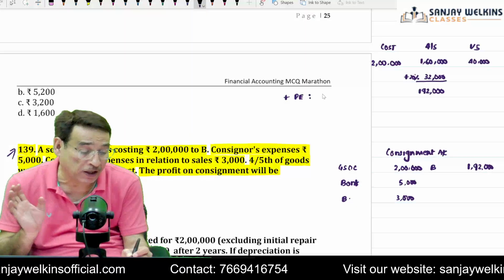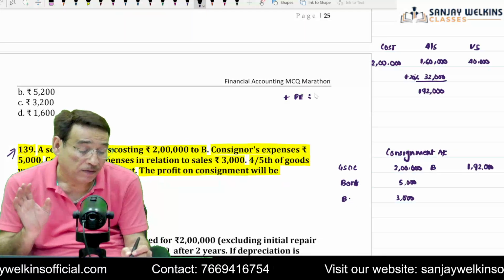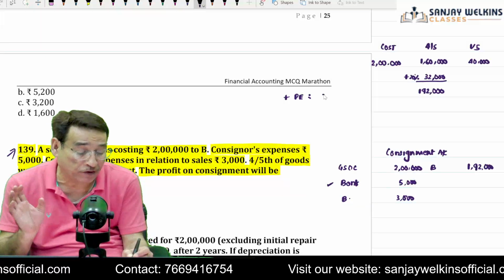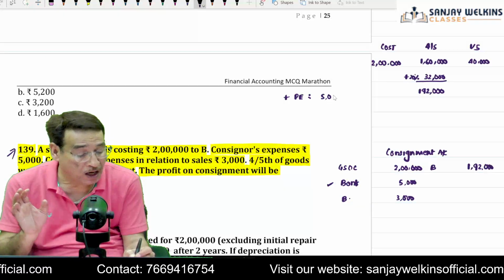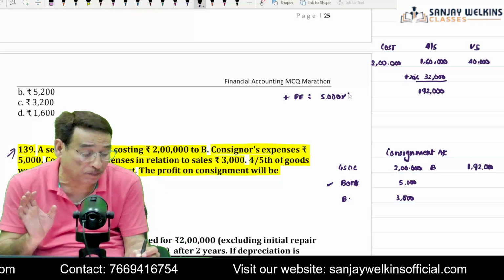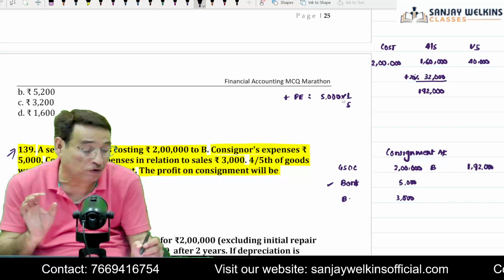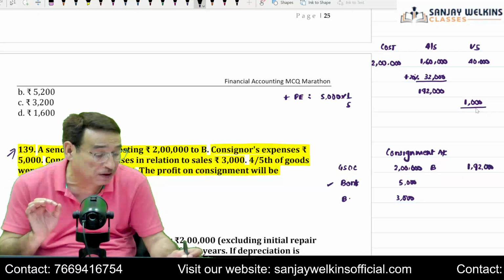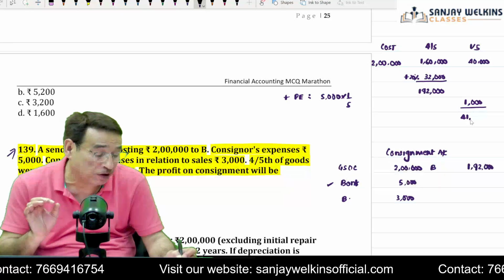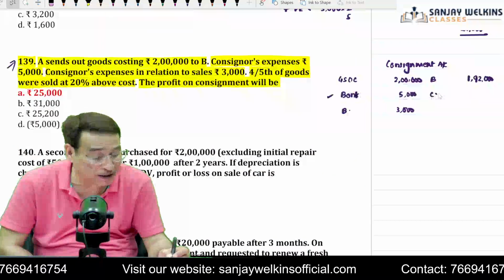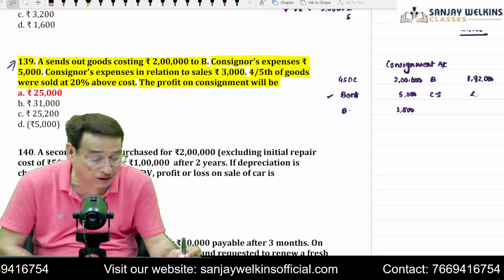So total expenses of the consignor is equal to 5,000 and 4/5 of the goods have been sold and 1/5 of the stock is remaining. So the proportionate expenses will be equal to 1/5. So you can simply compute 1/5 of 5,000. So that means 41,000 worth of stock is there. So your consignment stock will be equal to 41,000.